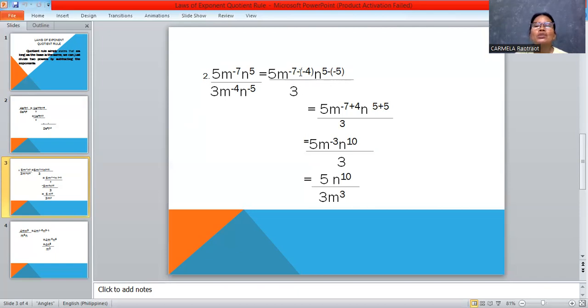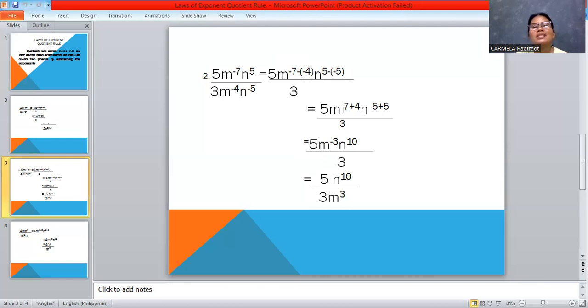Negative times negative is positive, so it becomes plus.